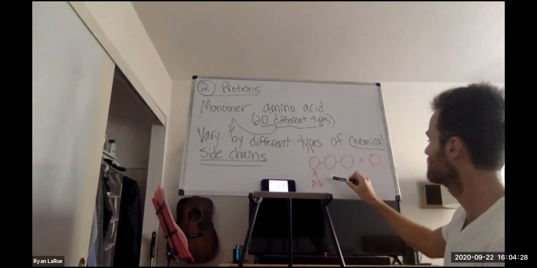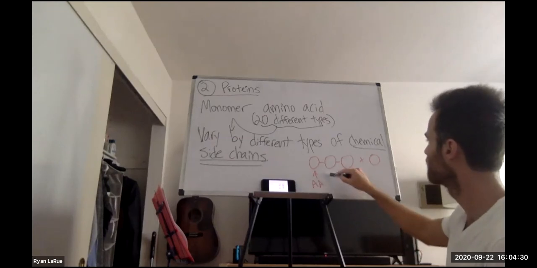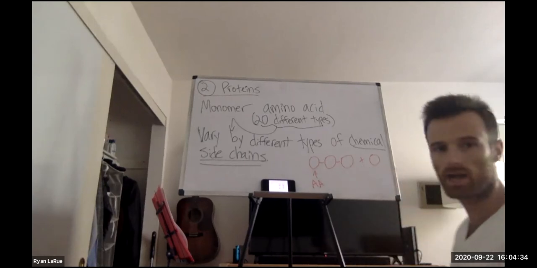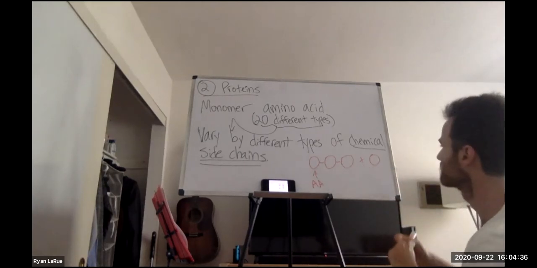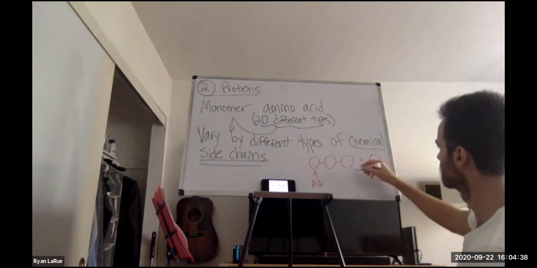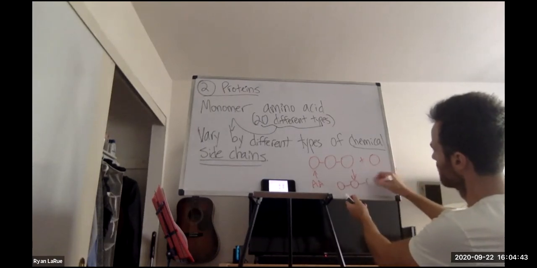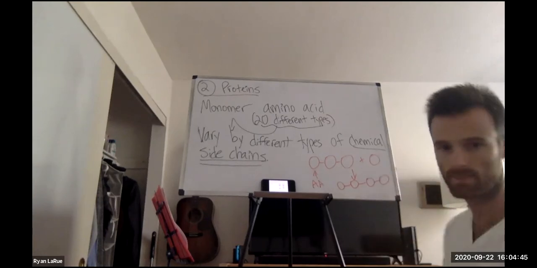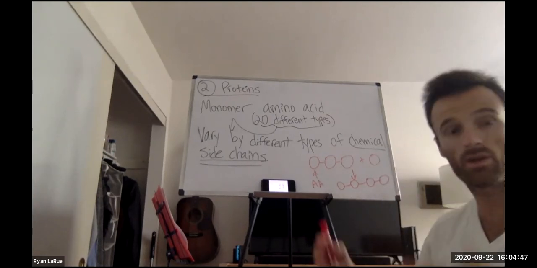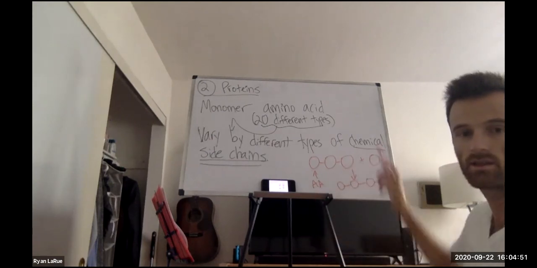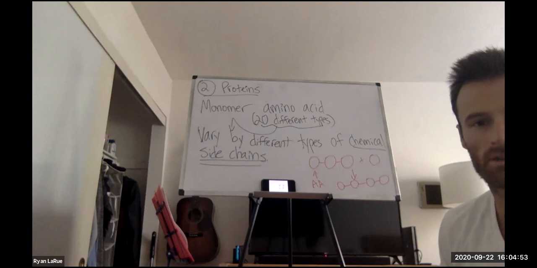Okay. If I'm going to add another amino acid onto this chain, what kind of reaction would that be? What kind of chemical reaction if I wanted to link another amino acid to this chain of amino acids here?